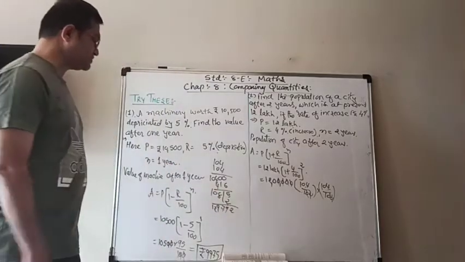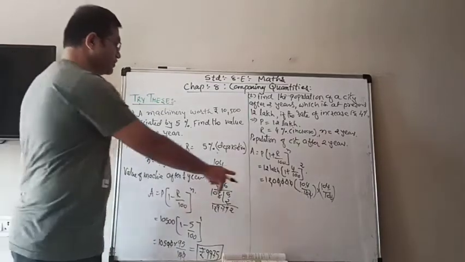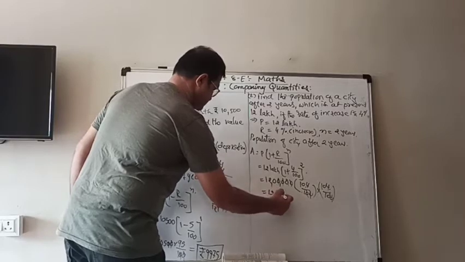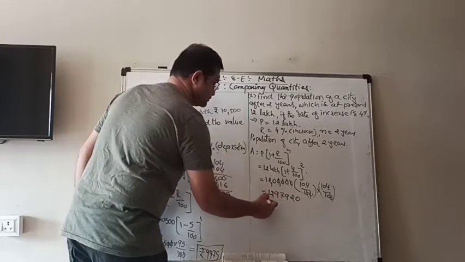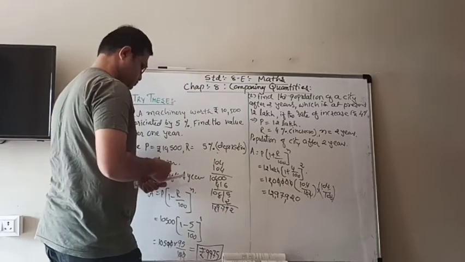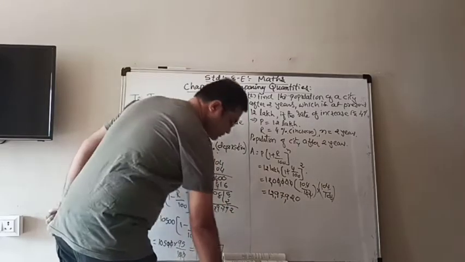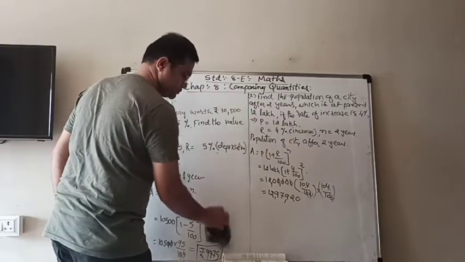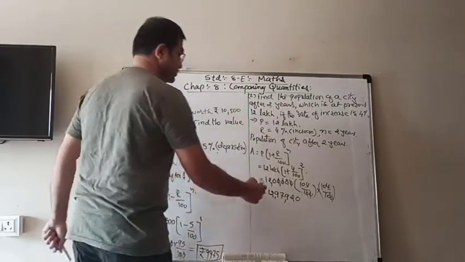So 12, 9, 7, 9, 2, 0. So here the population of the city after 2 years will be that one.